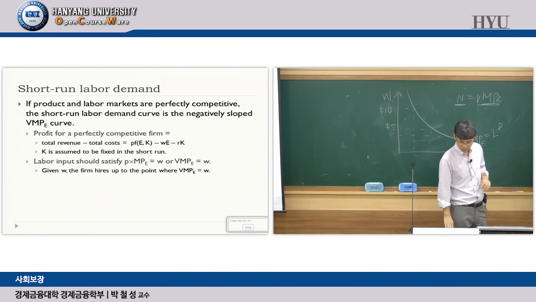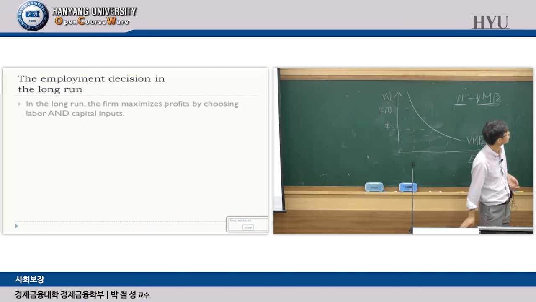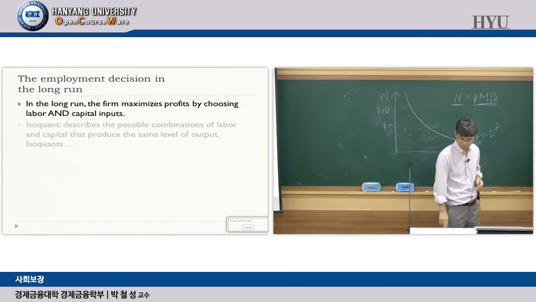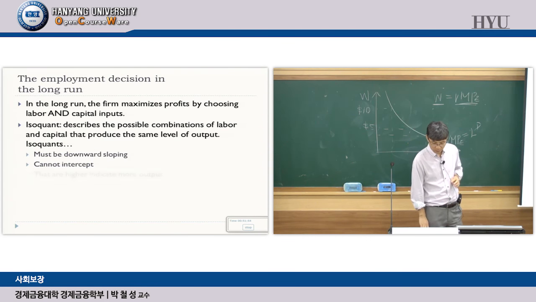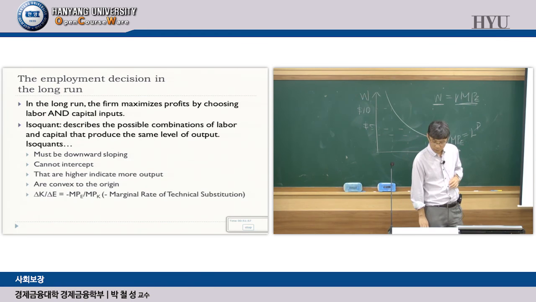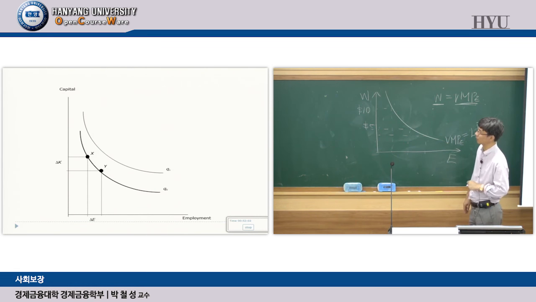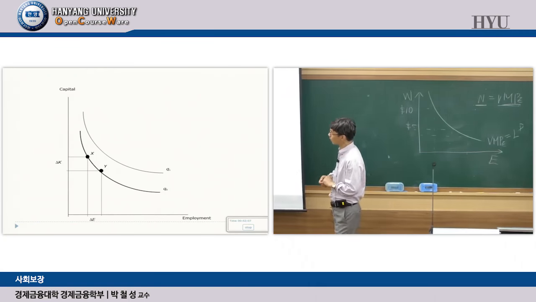That's the short-run side. Now, what is more interesting is the long-run side. Let's think of the long run. So in the long run, this firm can change labor input and capital input. To think of this, we're going to introduce the concept of the isoquant curve.